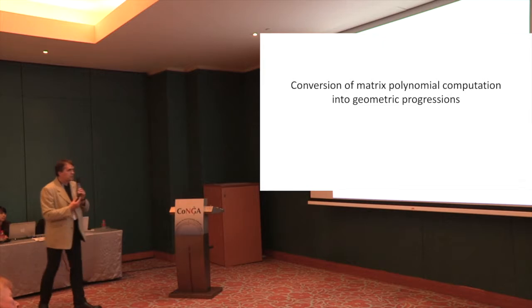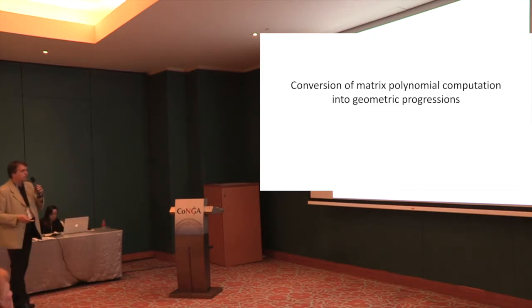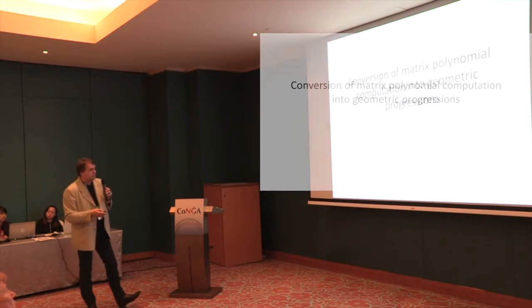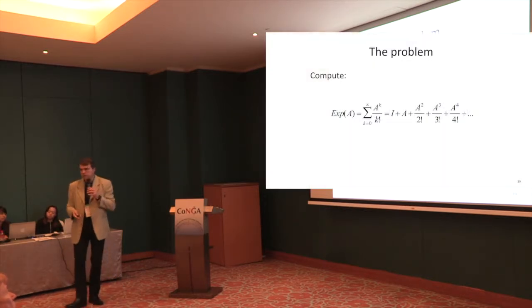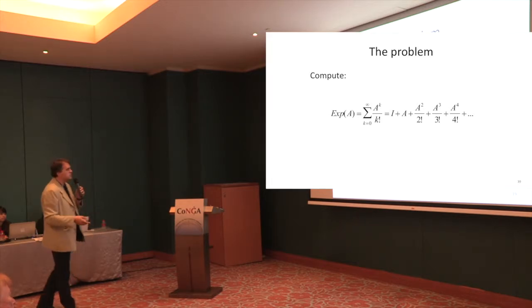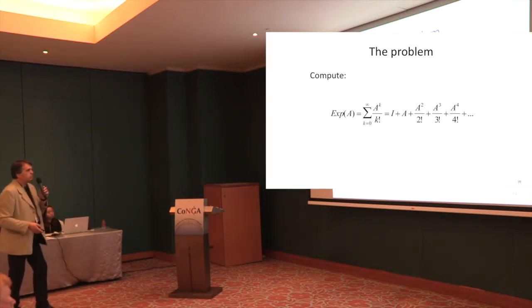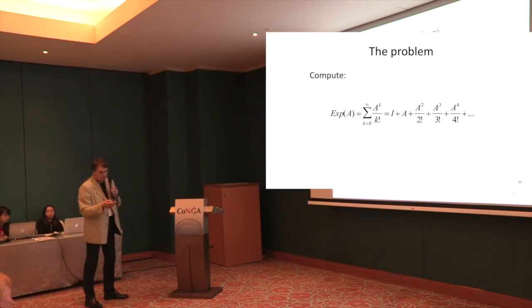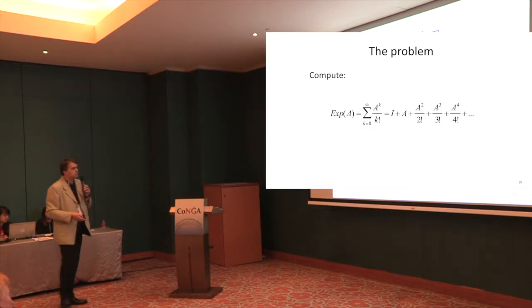Now, for the next minutes of the talk, I'll show you how we can convert a matrix polynomial into geometric progressions, and then we will see the results of the experiments with posits, single precision, and double precision polynomial evaluation. One problem of huge importance in quantum mechanics, for example, is computation of the matrix exponential.